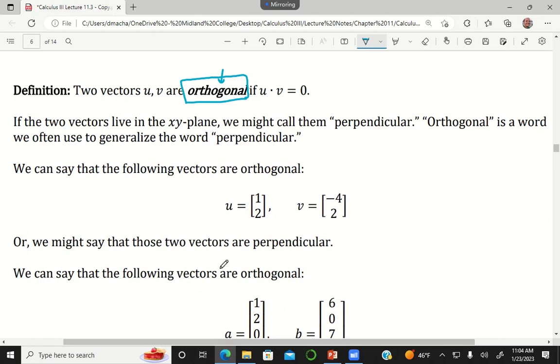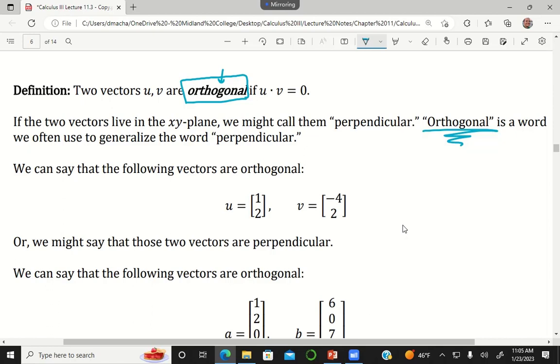Now, I already typed this out, but if the two vectors are in the plane, so we're talking about two-dimensional vectors, then when the dot product is 0, we call them perpendicular. Orthogonal is a word that we use to generalize the concept of perpendicular to higher dimensions.